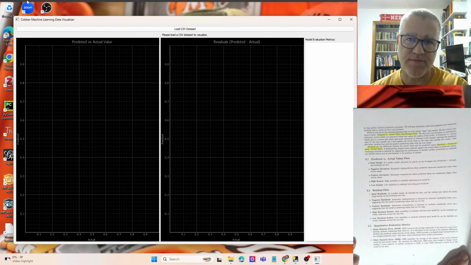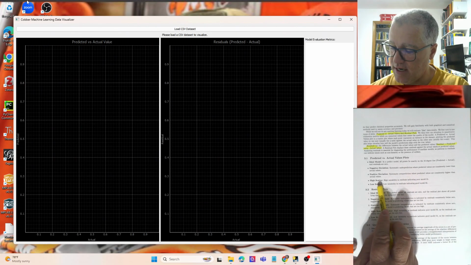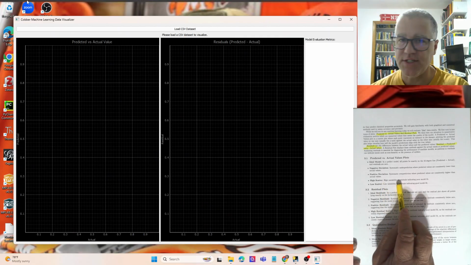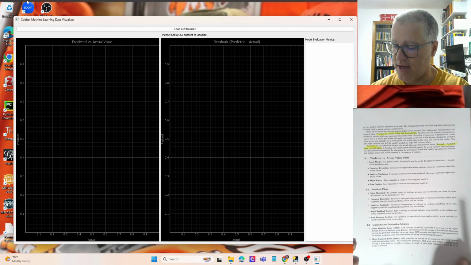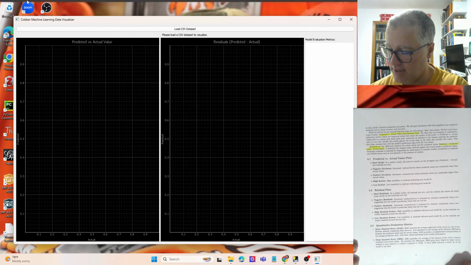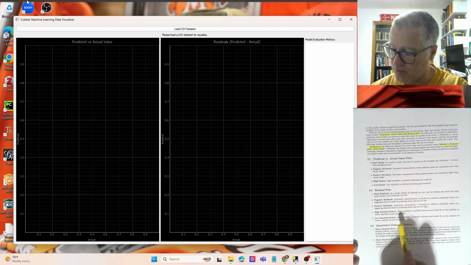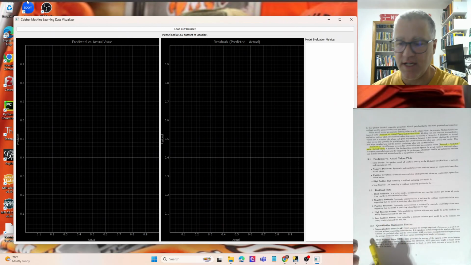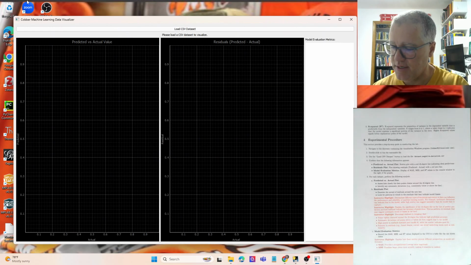So these have systematic errors, either under-predicting or over-predicting the values. And then we're going to look at a high scatter case where the model is accurate but very imprecise, and then a low scatter model, which would be the best situation for this case. We'll see that play out in both the actual plots and the residual plots, and also in the quantitative metrics here. Okay, well, let's get into the experiment.